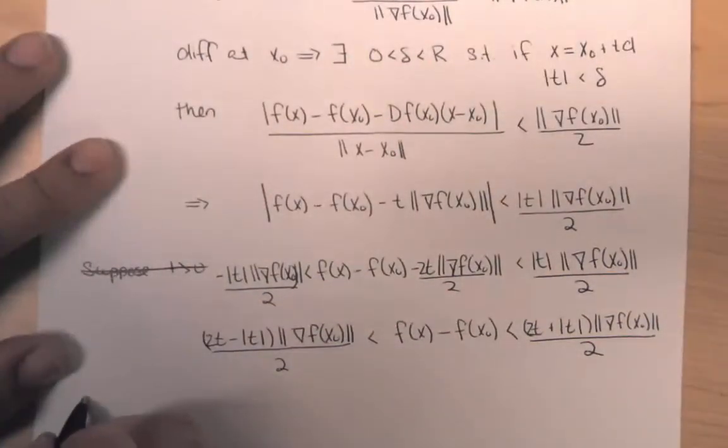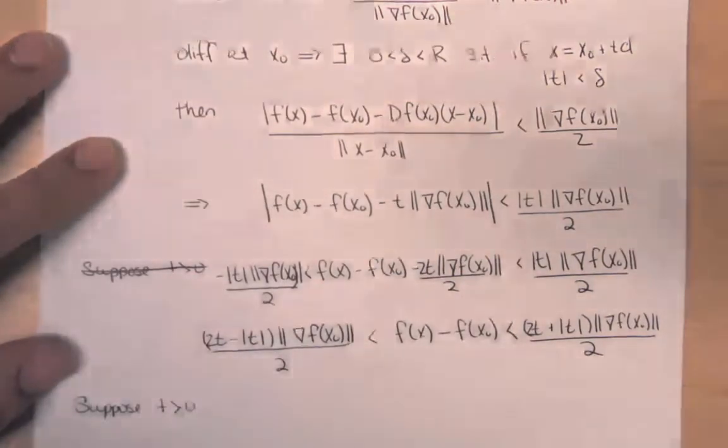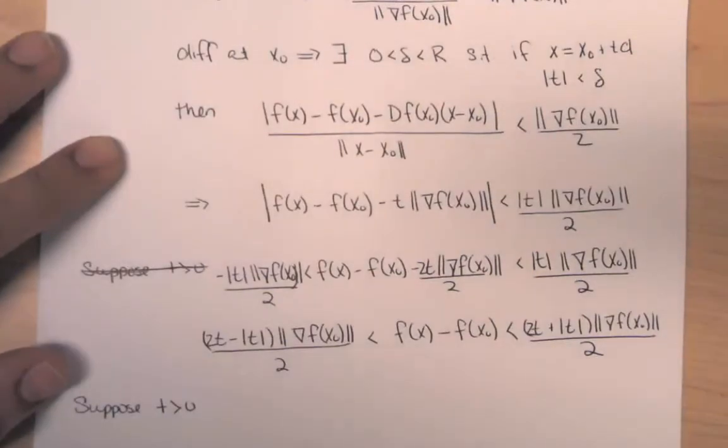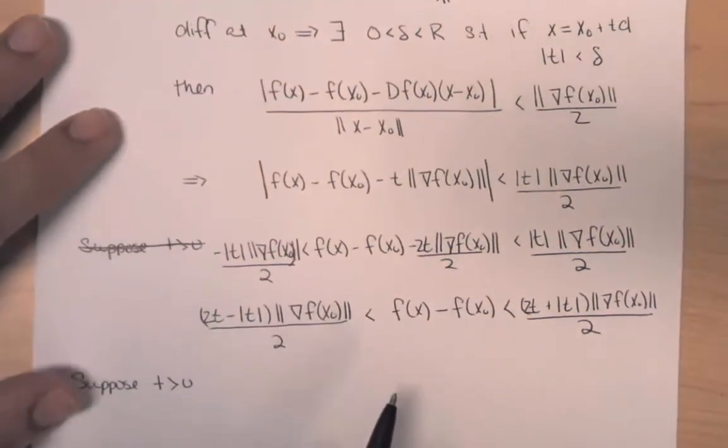Now, suppose that t is positive. Well, if t is positive, then 2t minus t, the absolute value of t is just itself.